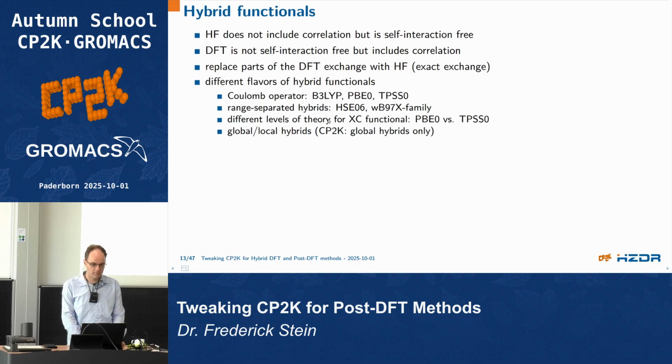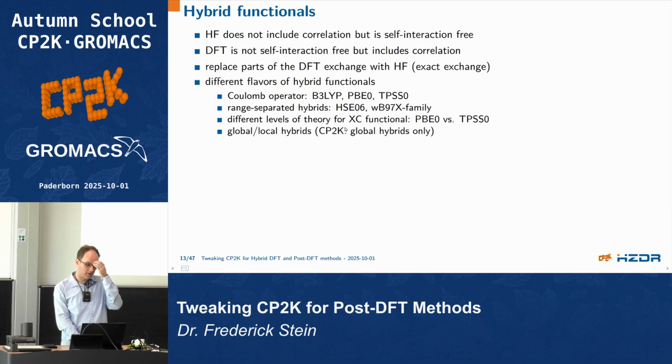There are also range-separated versions available, like the HSE06, which is pretty common for solid-state chemistry and solid-state physics, using a short-range complementary error function that I was talking about earlier. And there's also a variety of functionals based on the omega B97 approach. And these are, from my experience, actually very accurate.